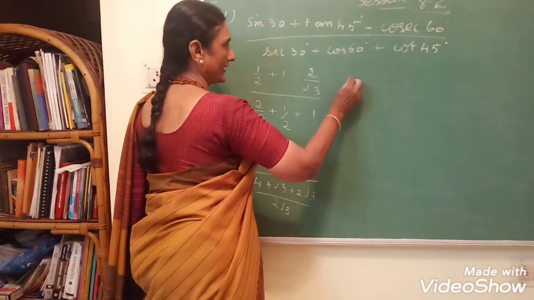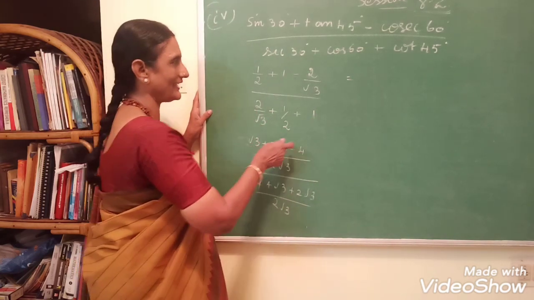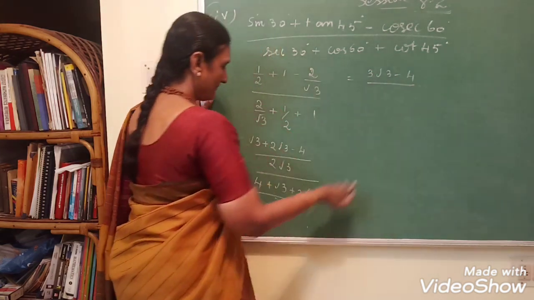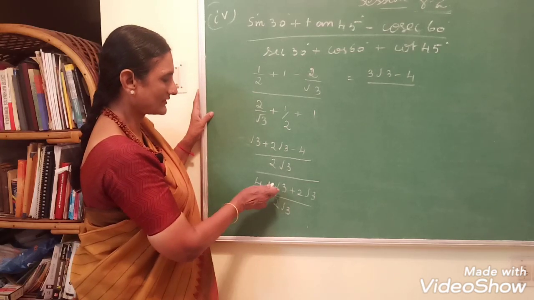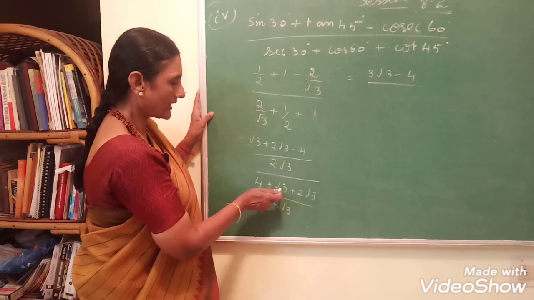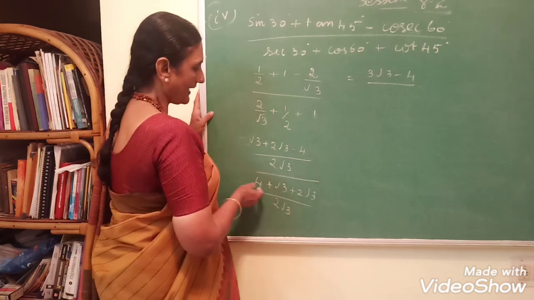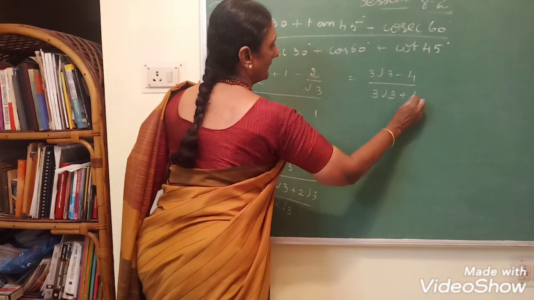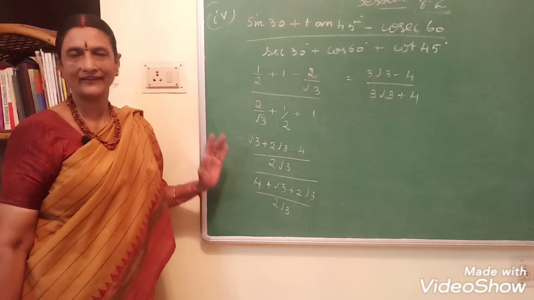So finally what have we got? Here plus 1 root 3 plus 2 root 3 gives you 3 root 3 minus 4, divided by 4 plus root 3 plus 2 root 3, that is 3 root 3 plus 4. So these are the final terms after getting it cancelled.